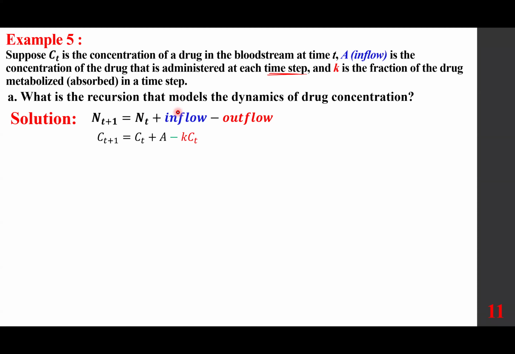So a quick recap. N of t plus 1, that means the new step, has the old one, plus what we are adding, minus what goes out. What goes out is a percentage of what was in there, minus K times C sub t.